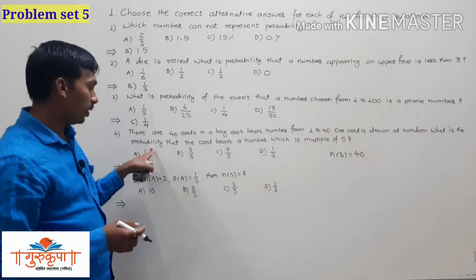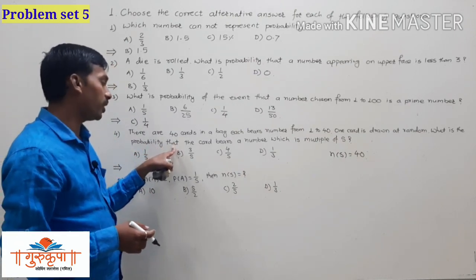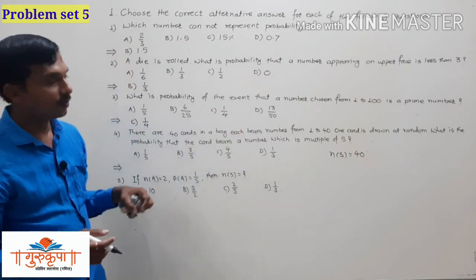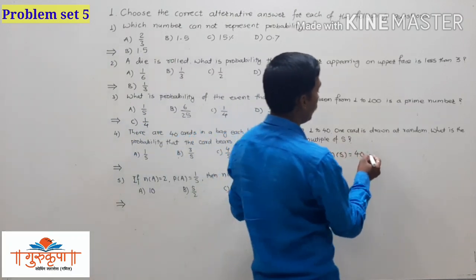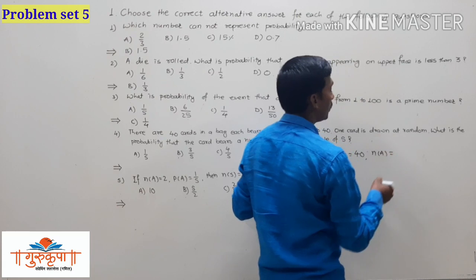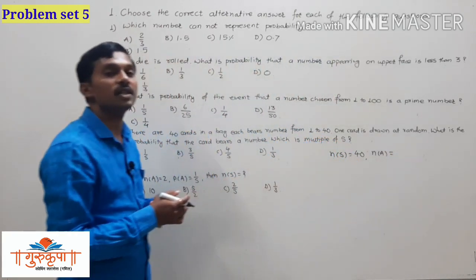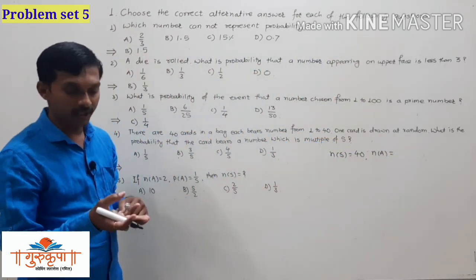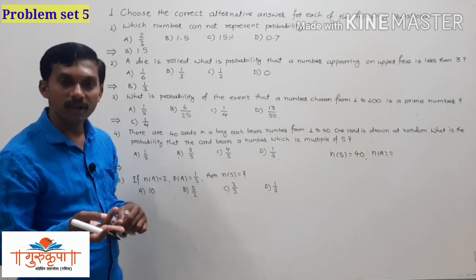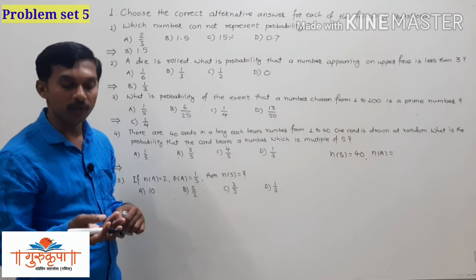Now we have to find the probability of the event where the card bears a number which is a multiple of 5. We represent that event as event A. The sample points in event A are the multiples of 5: 5, 10, 15, 20, 25, 30, 35, 40.